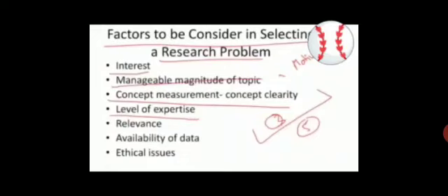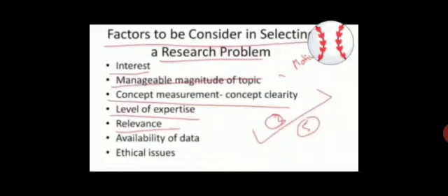Next point is relevance. That means the topic you are selecting should be very much relevant to the society. It should have some importance to society. If you select a topic which is no more important in the society, or which does not have any relevance in the society, it would not be very significant.